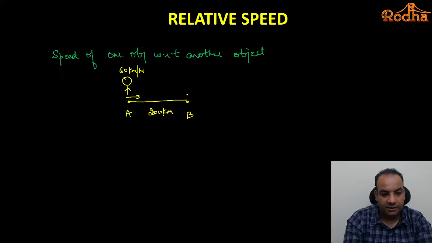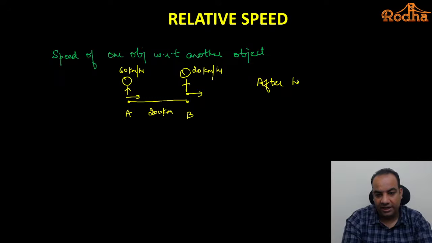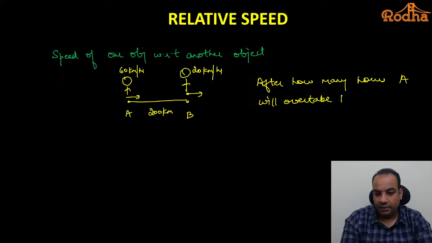Another person travels in the same direction at a speed of 20 km per hour. Now, if I ask you, after how many hours will A overtake B? Or after how many hours will A meet B? Or after how many hours will A catch up with B?